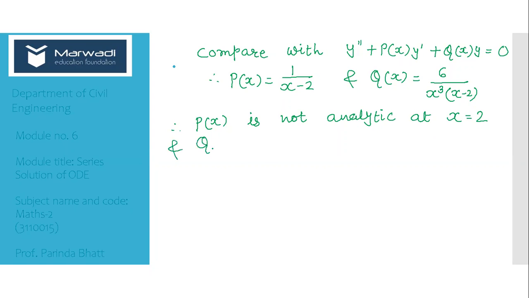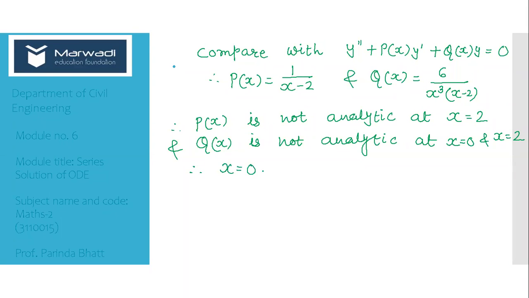And q of x is not analytic at x equal to 0 and x equal to 2, because when this term is equal to 0, x equal to 0 or x equal to 2, then q of x converts into infinity. Therefore, x equal to 0 and x equal to 2 are singular points.